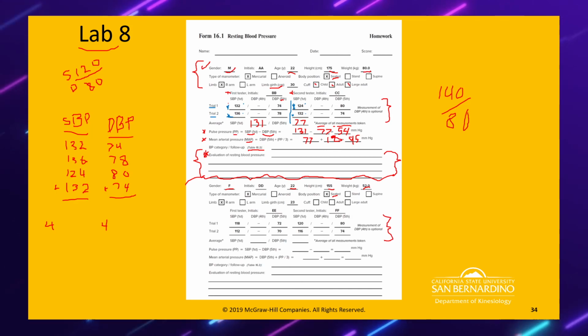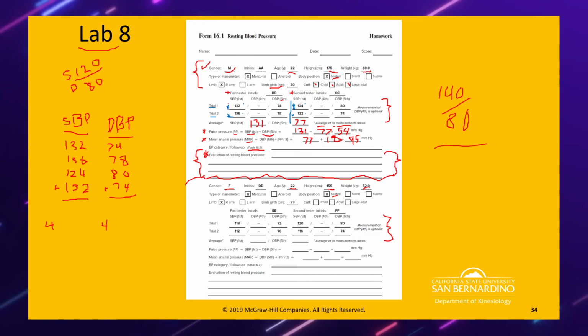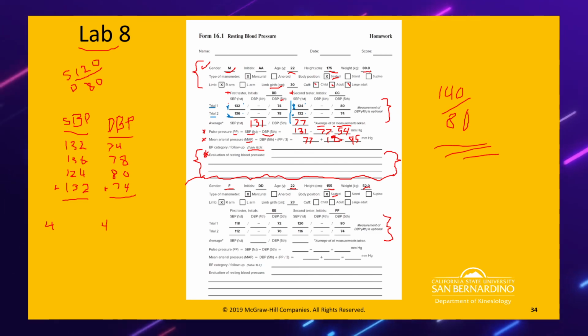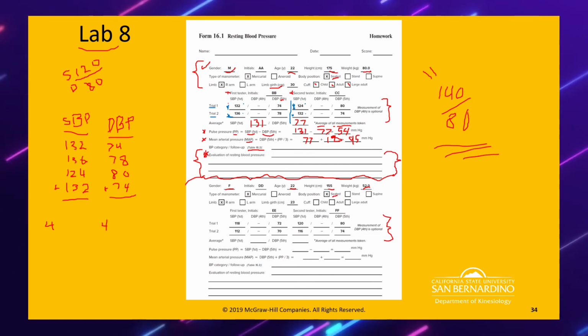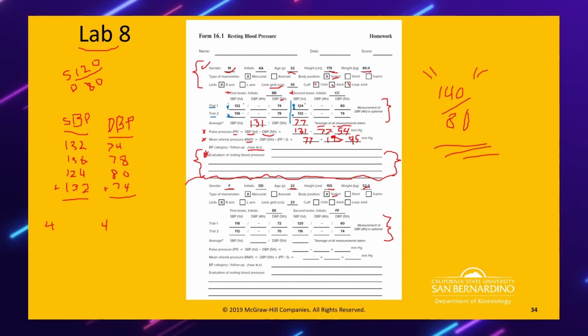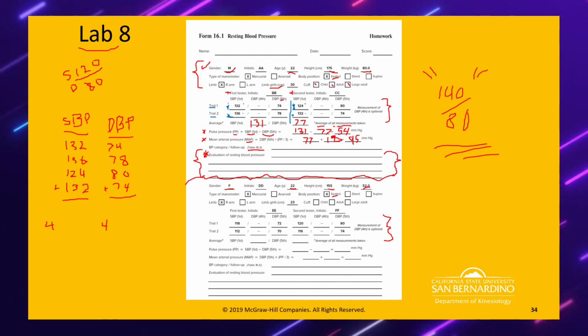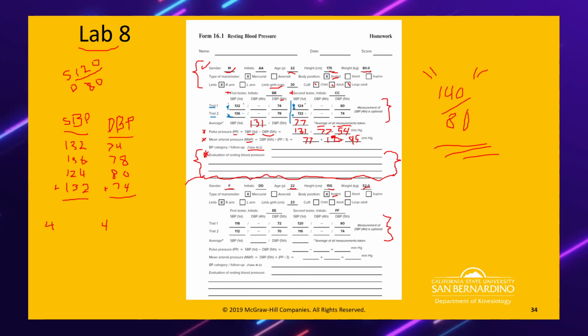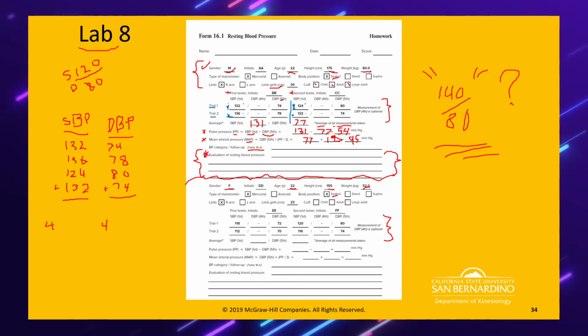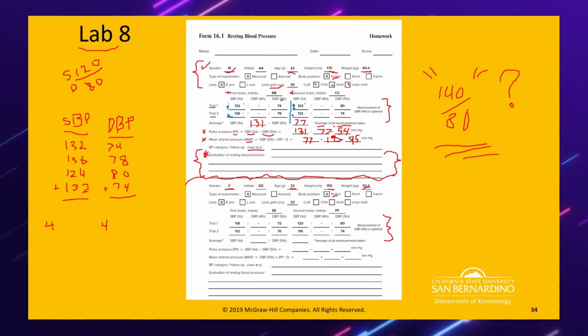Isn't that the cutoff for something? Is that a good blood pressure or is that a bad blood pressure? And if it's a bad blood pressure, what do we need to do with them? Do we need to create some lifestyle related changes? Maybe. I have to let you guys make those recommendations for yourself.